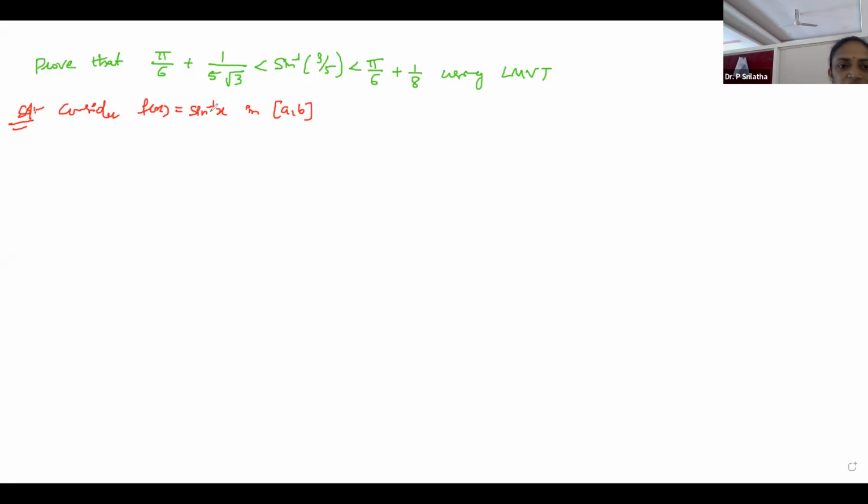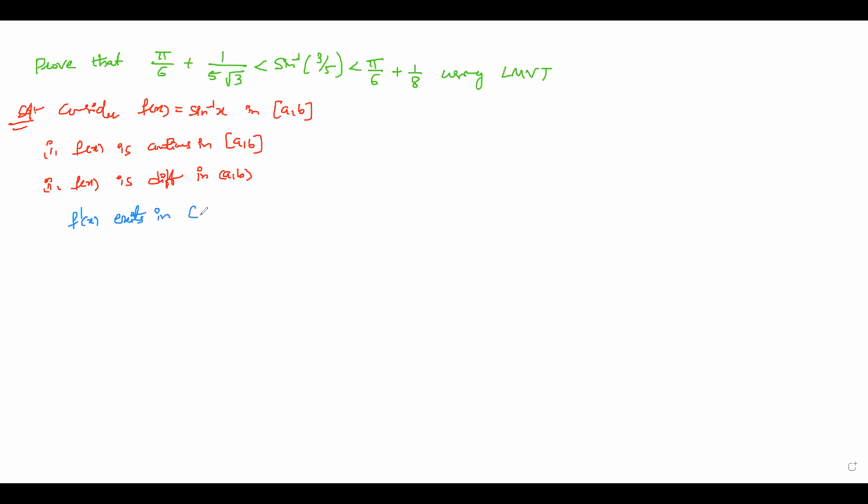So consider f of x is sine inverse x, and we know that f of x is continuous in the closed interval a comma b, and also f of x is differentiable in the open interval a comma b. What is the meaning of f of x being differentiable? It means f dash of x exists in the open interval a comma b.